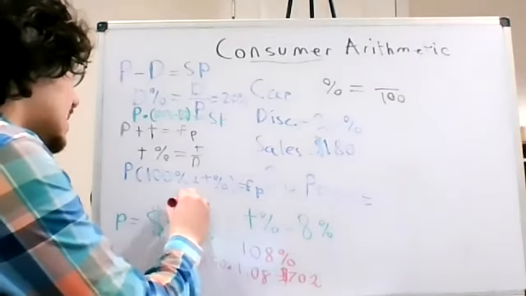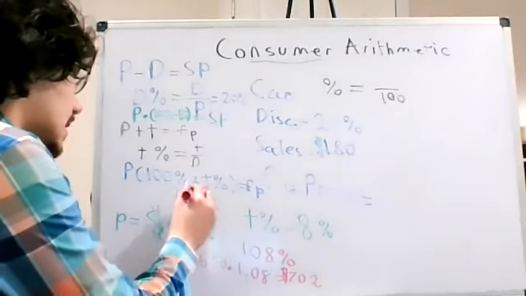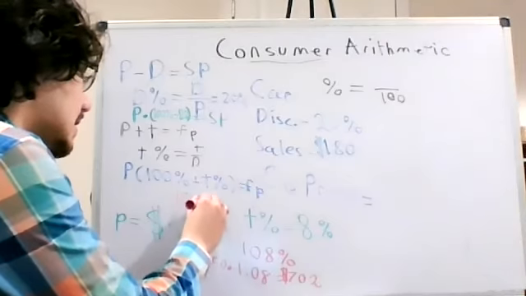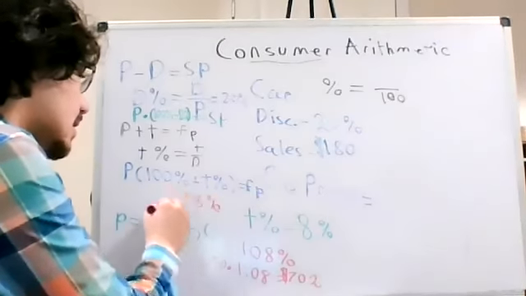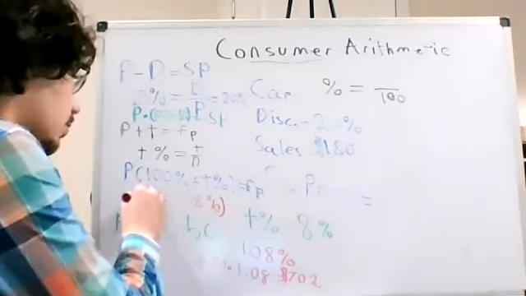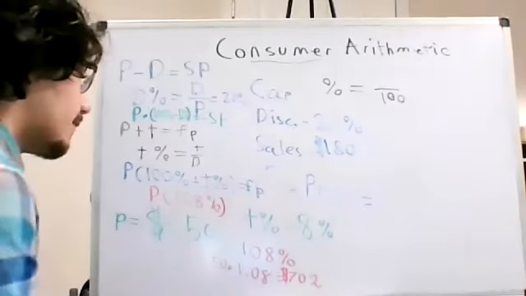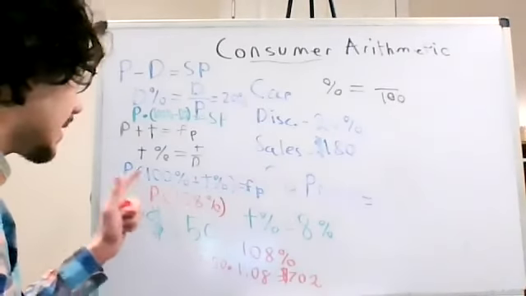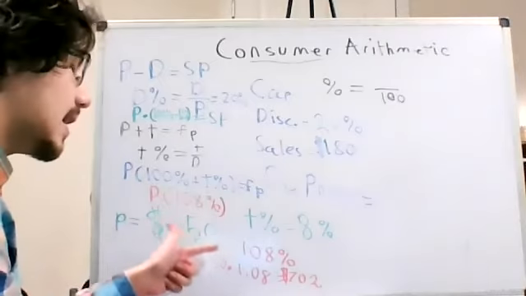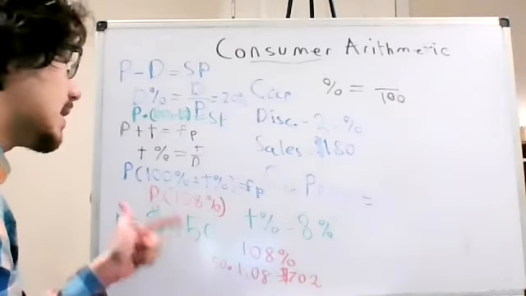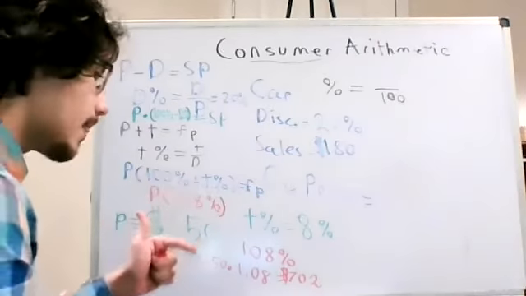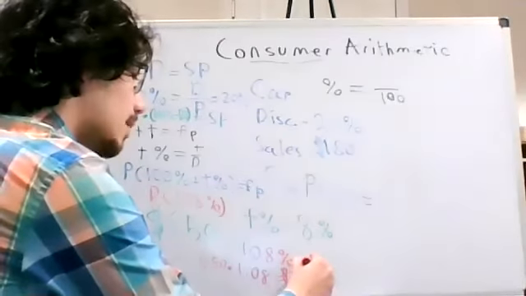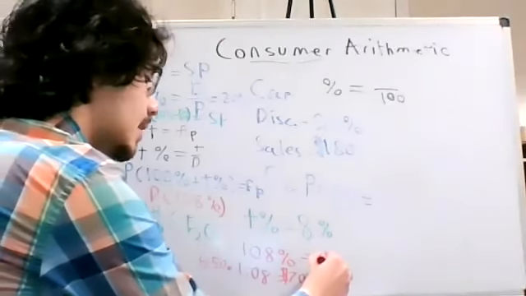So you add it inside like that, and you have 108% of the original price, which will be the final price. If we want to multiply it to the price, we need to put it in decimal form because it's a number.